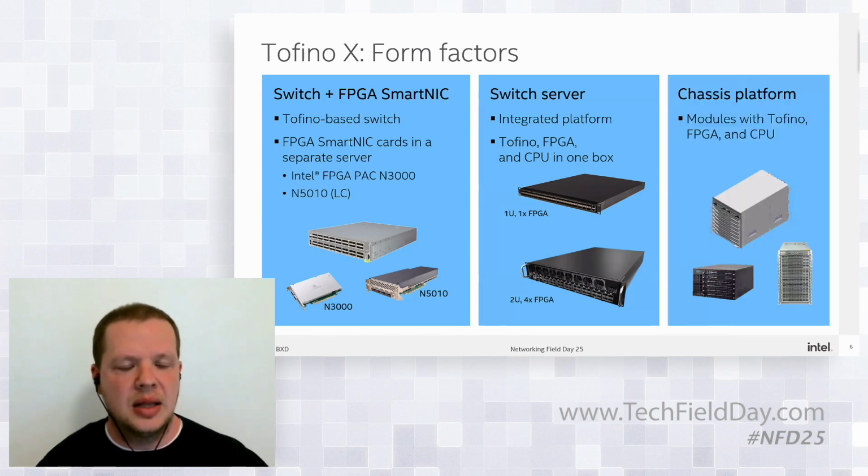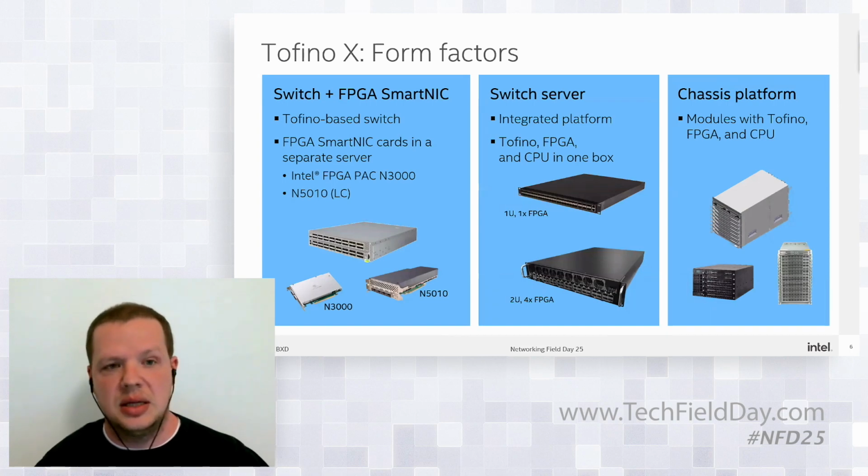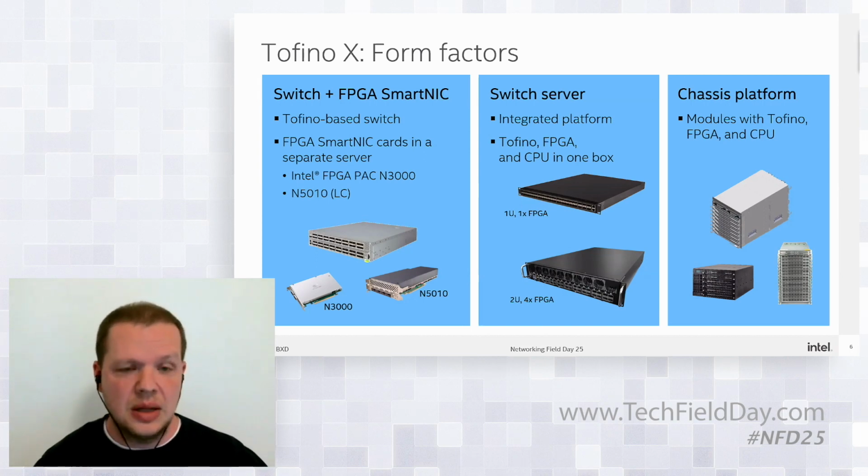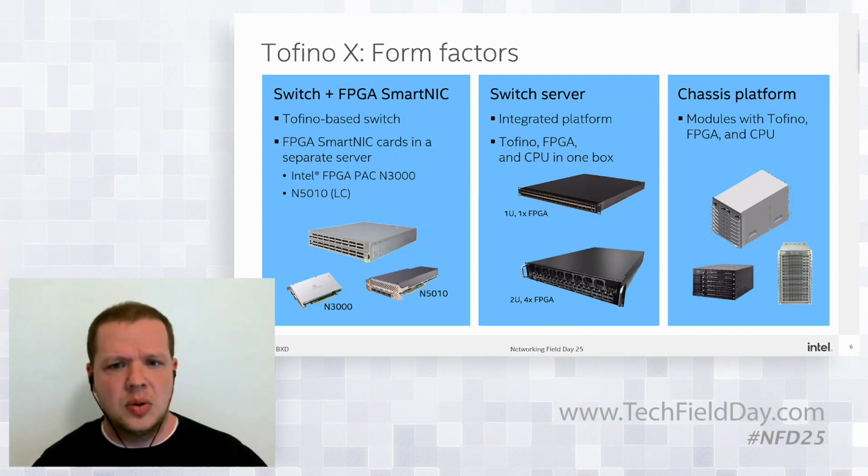And the last is the chassis platform where we can have different sleds, blades, or modules with different resources, compute, storage, networking, and these can be scaled depending on the application requirements. Now, this is a very flexible and very performant combination.